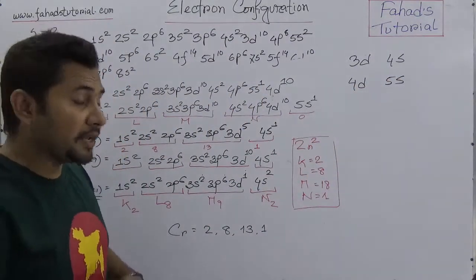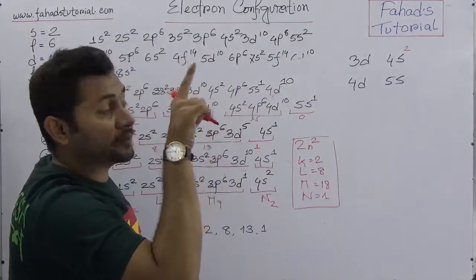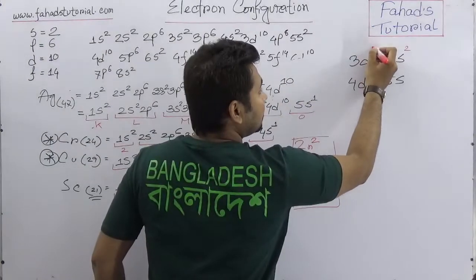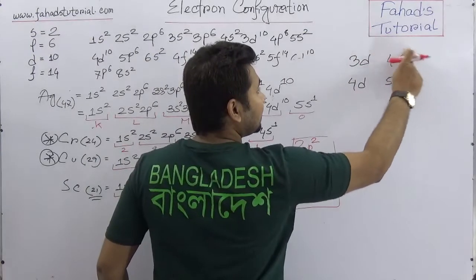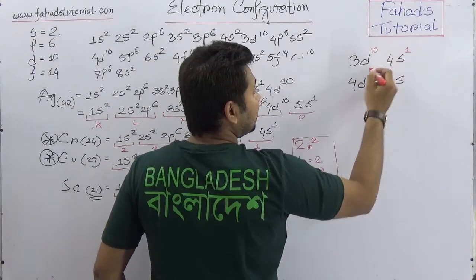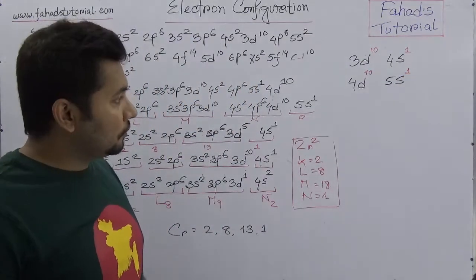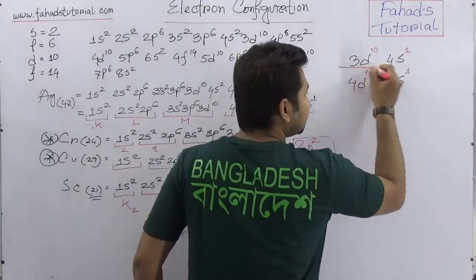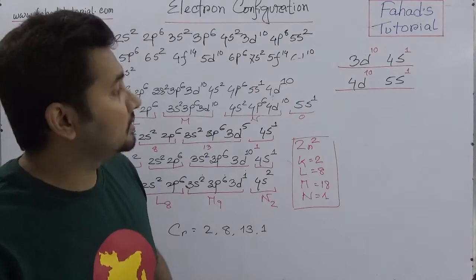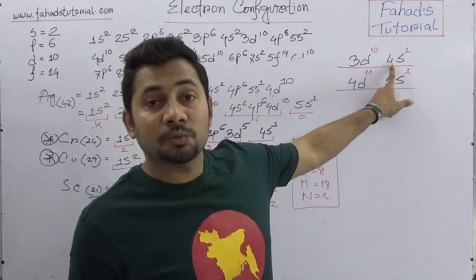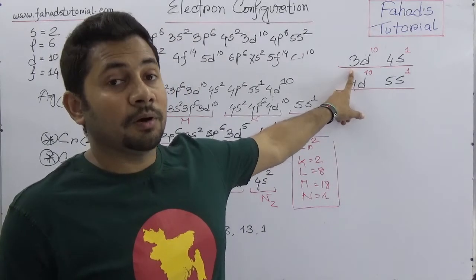It means that when we have two electrons, it needs to be 4s2 first, here 9 can't be. So here would be 10 and 1. Here would be 10 and 1. So if you see in all these electron configurations, if I express the s orbital's quantum number by n, then the d orbital would be n minus 1.